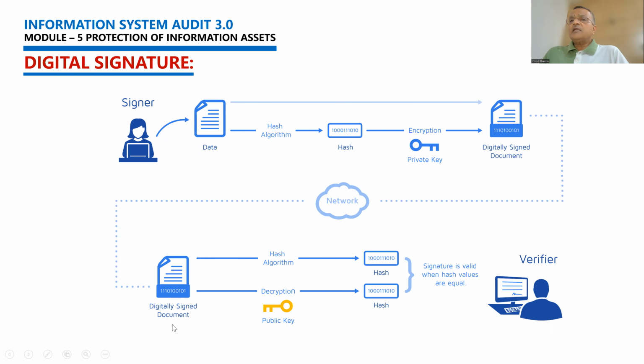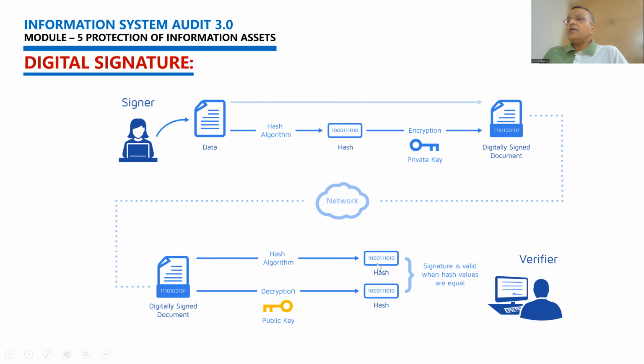Now, the digitally signed document at the receiver end. When you are receiving it, you need to decrypt it. So the person who is receiving it uses the public key and tries to decrypt it. When he decrypts, he gets the hash of the message, which he compares with the hash which I generated when I was encrypting the message.